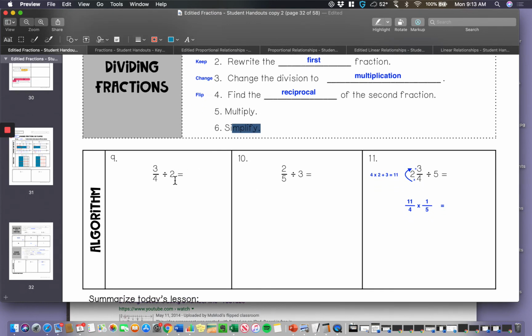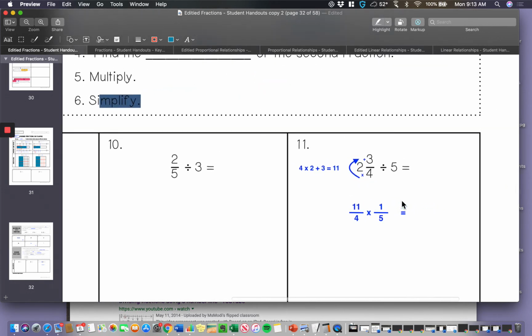Remember, each one of the whole numbers is going to be over 1, just like we did, for example, in number 7 above. I did number 11 with you here, so I did have a mixed number. Remember, I multiplied the denominator by the whole number: 4 times 2 plus 3 gives me a brand new numerator of 11, so I have changed my mixed number to an improper fraction, step 1. I can rewrite the first fraction, 11 over 4. Change the sign from division to multiplication.